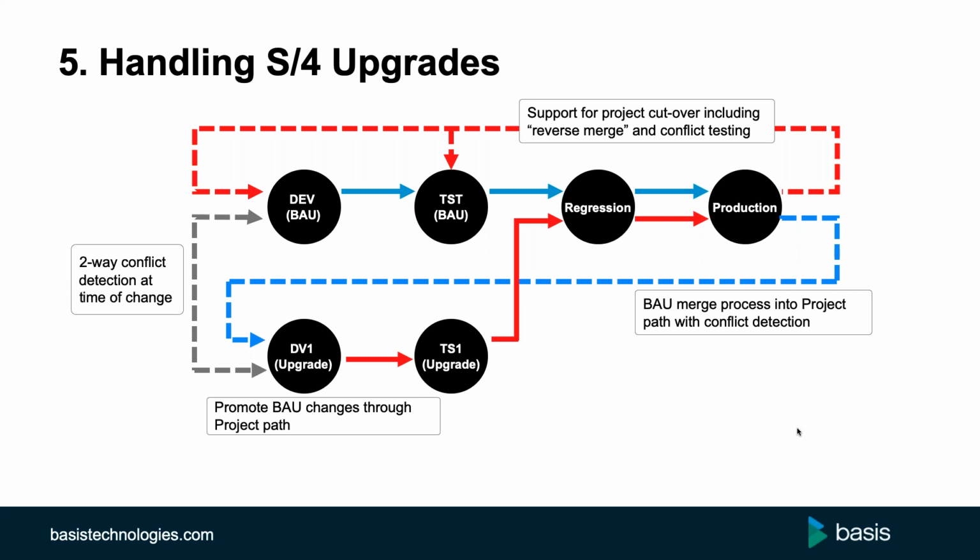And again, maybe a simplified version of what's happening between ECC and S4, but in this case, between your S4 version 1 and your S4 version 2, there is still a need to understand and manage potential conflicts, to manage the retrofit or merge between the two tracks.